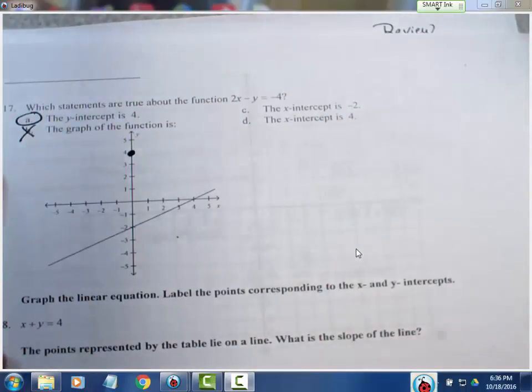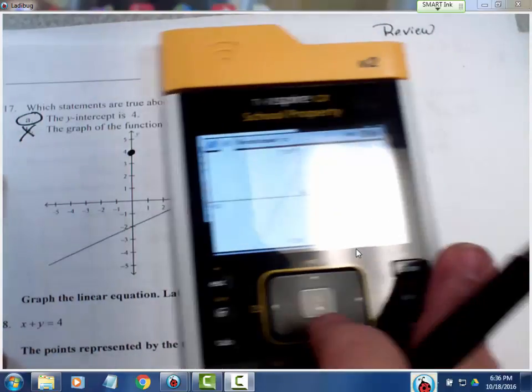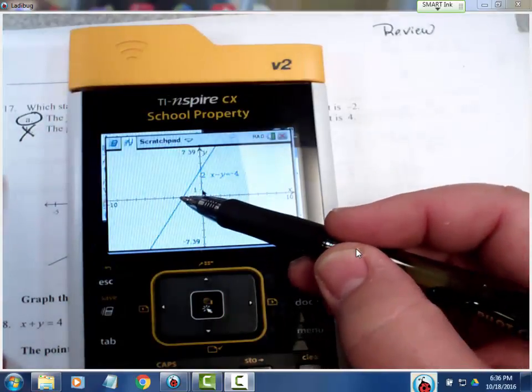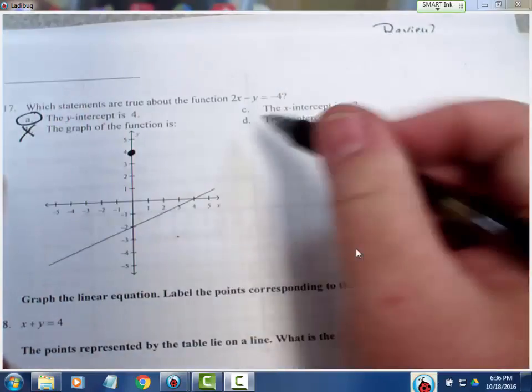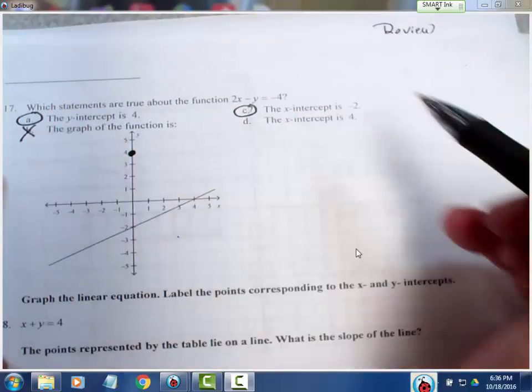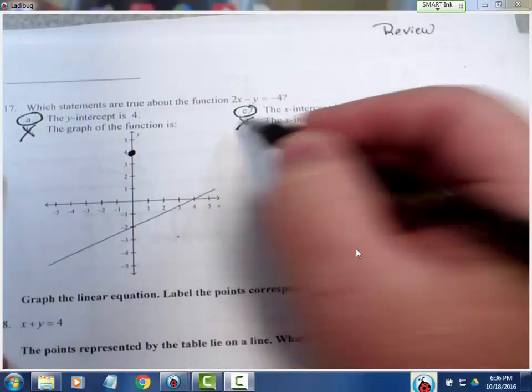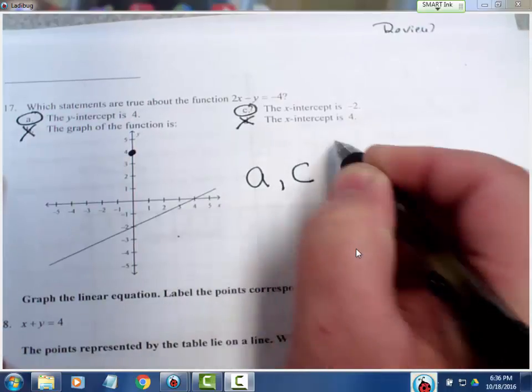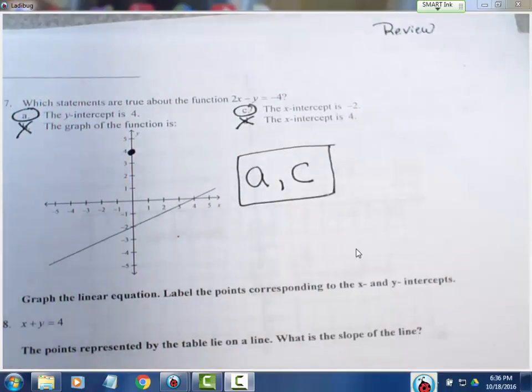Okay, but there's still the matter of the x-intercept. So we look over here at where it's crossing the x-axis, and it is crossing at negative 2. So C is also correct, but D is not. So both choices A and C would be true.